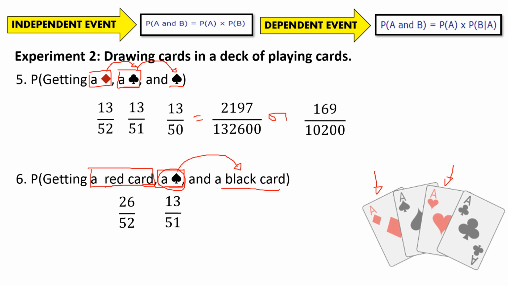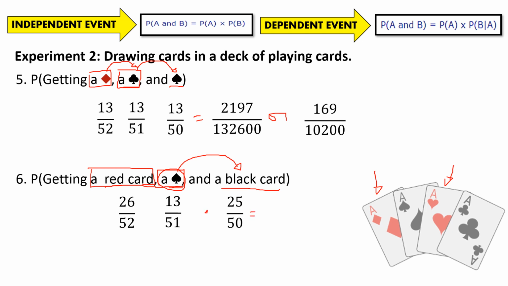The answer is yes. Certainly, the number of black cards will be affected because we got a single spade. So the probability for the third event is 25 over 50, because the number of black cards was affected by the single spade that was taken.